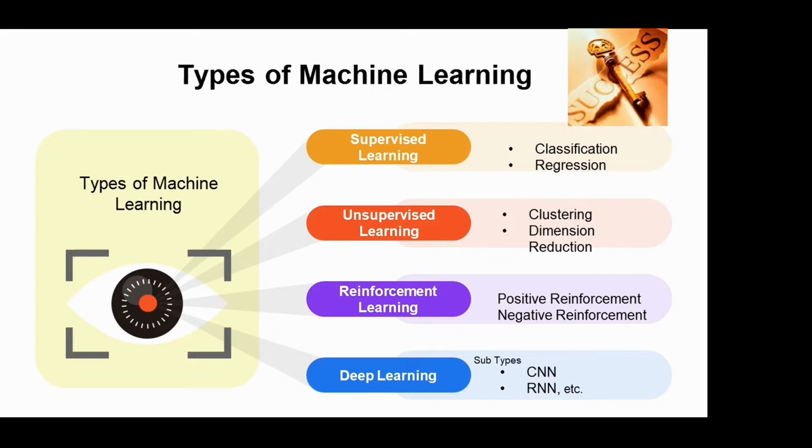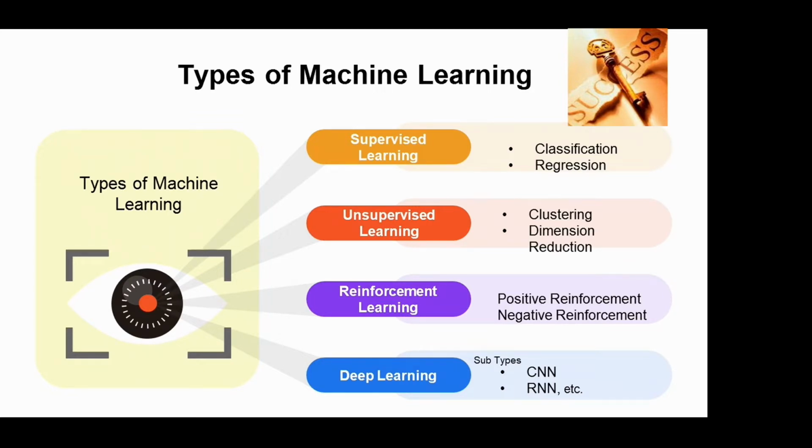So the first is supervised learning. There are four types of learning approaches to train the machine, and the purpose of each is different. The purpose of supervised learning is classification and regression.